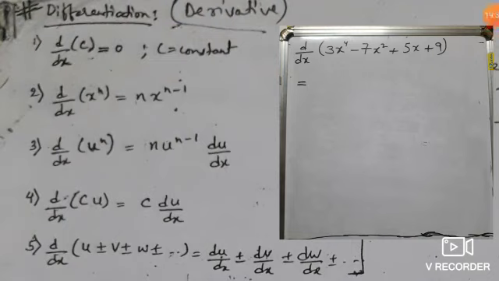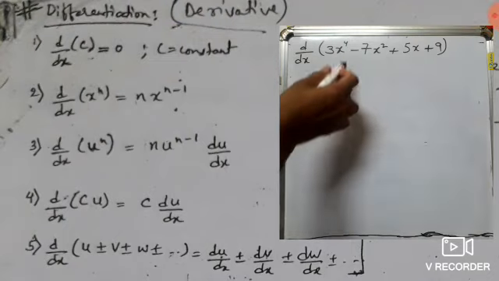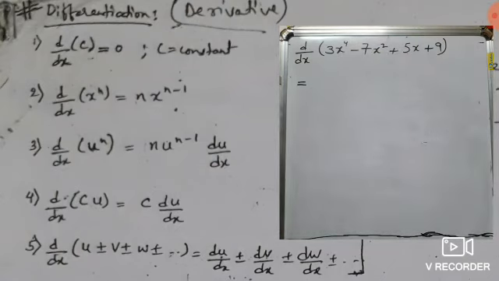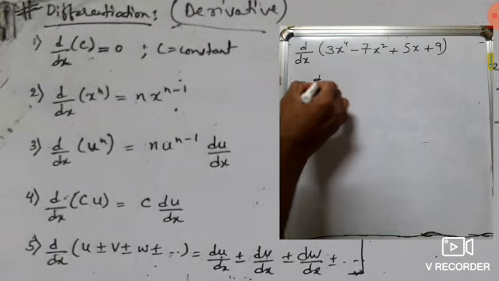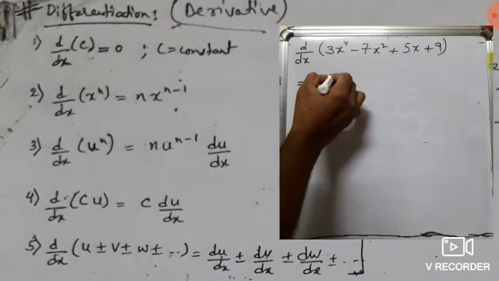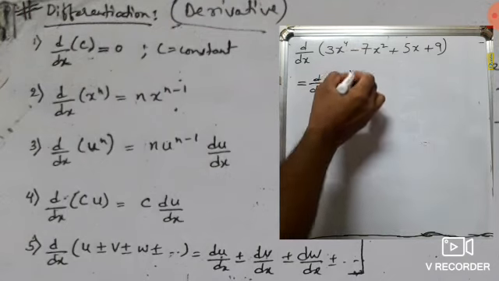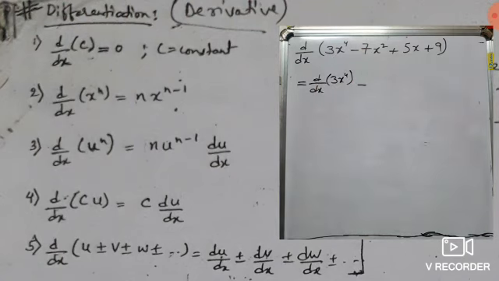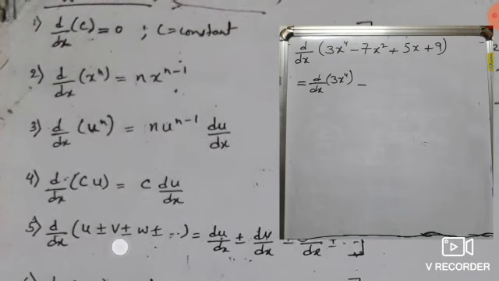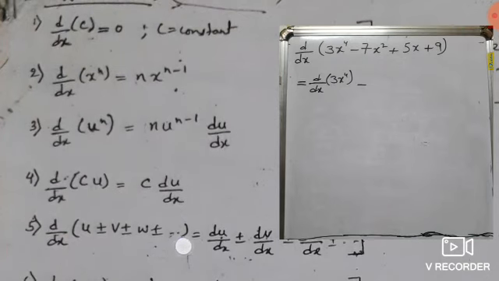I have written the sum on the board. How to solve d/dx of this function? First we will solve d/dx of 3x to the power 4, then the minus sign.